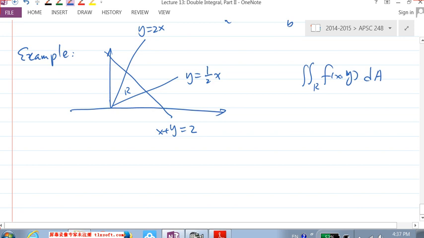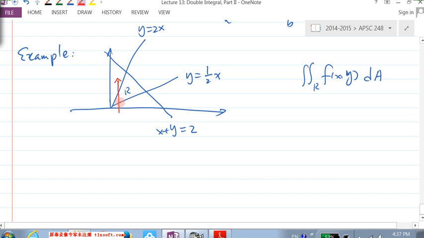When you do this, you've got to be careful with this region. Because if you decide to integrate with respect to y first, you draw a straight line across this region R, and it depends on where you draw it.